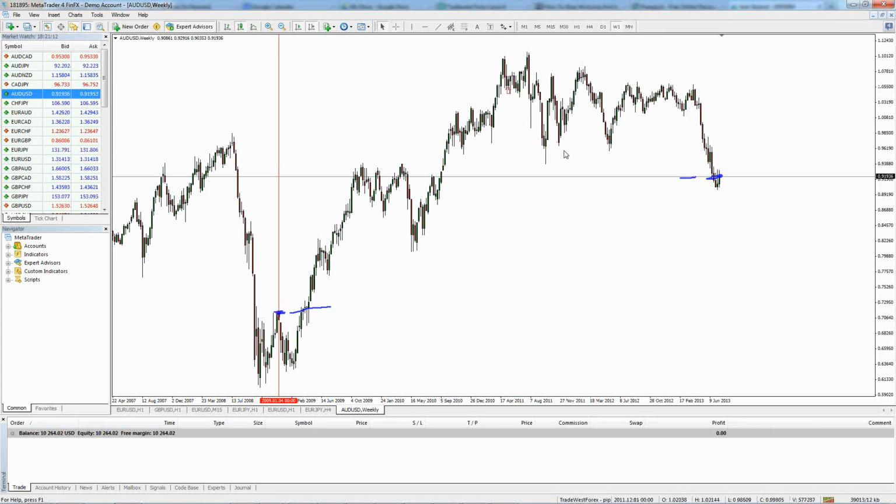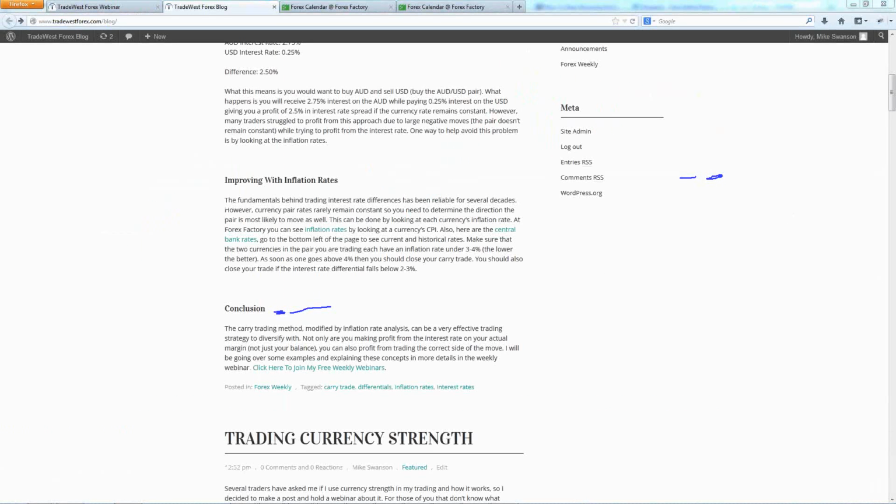Okay, so let me show you the modified approach now. What we're going to do is look at one more statistic, one more fundamental. Let me show you where you can get that. Over here on the blog, we've posted the link to the inflation rates.